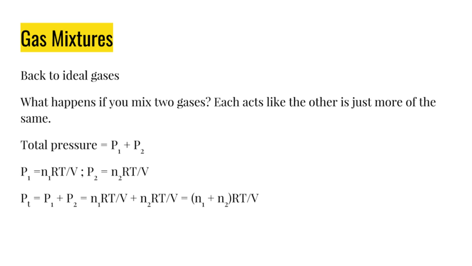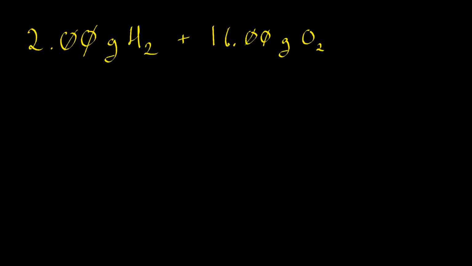All right, so let's go ahead and take a look at an example of what happens when you mix two gases. Specifically, we are going to mix 2 grams of hydrogen with 16 grams of oxygen. Now, as per usual, you don't work with mass, you have to convert to moles.